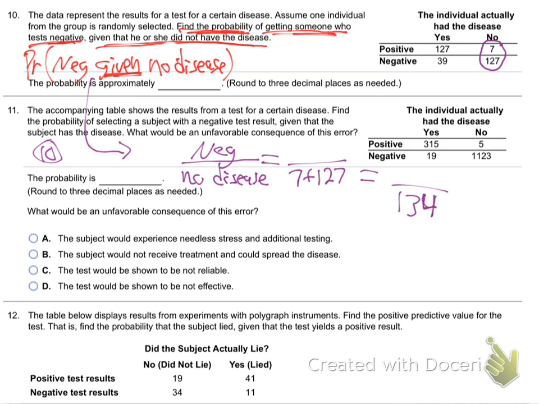So that's the total number of people in this study who don't have the disease. And among them, how many tested negative? 127. So divide those numbers on your calculator. It's 0.9478, is that what it is?